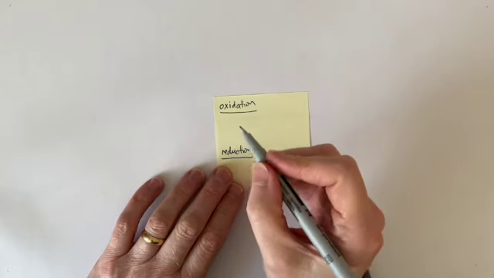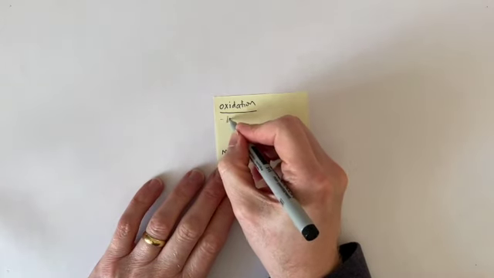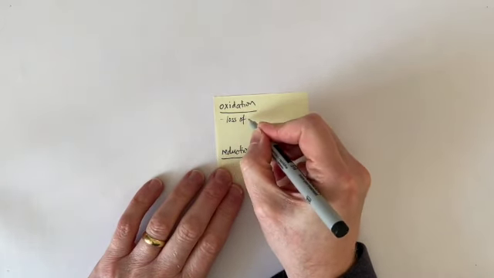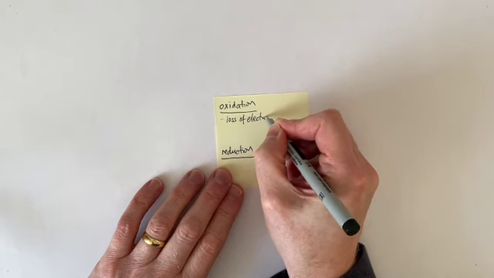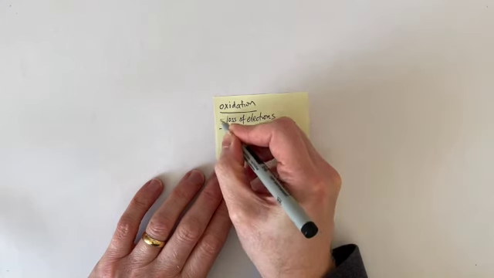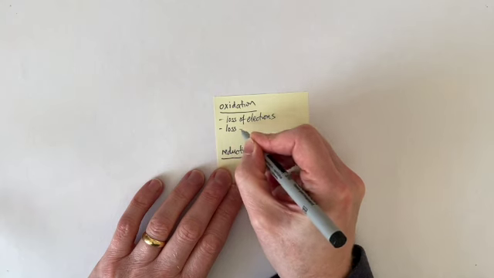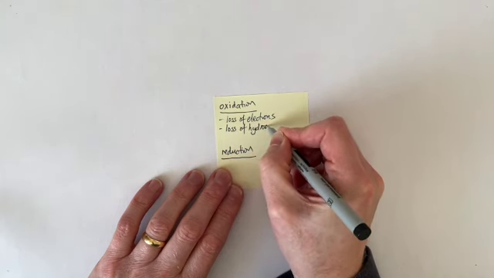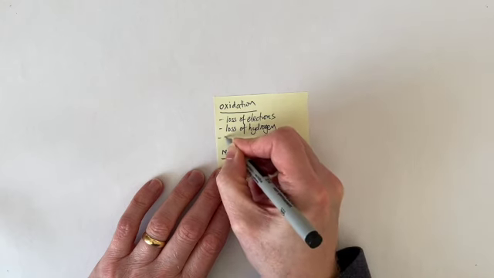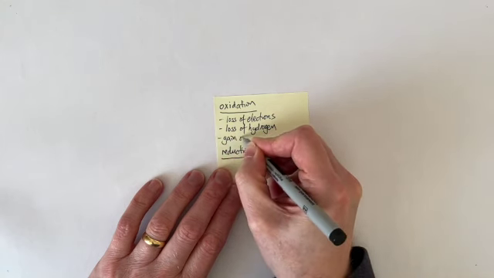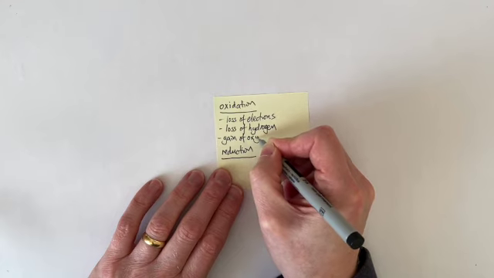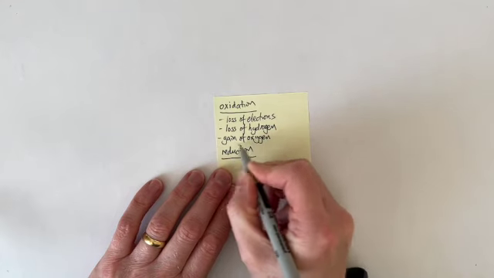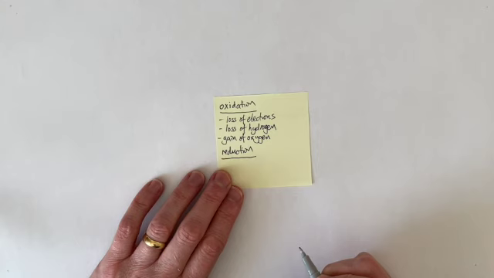Okay, so remember that oxidation is the loss of electrons. It can also be described as the loss of hydrogen or the gain of oxygen. And we don't often use that in photosynthesis, that last one.